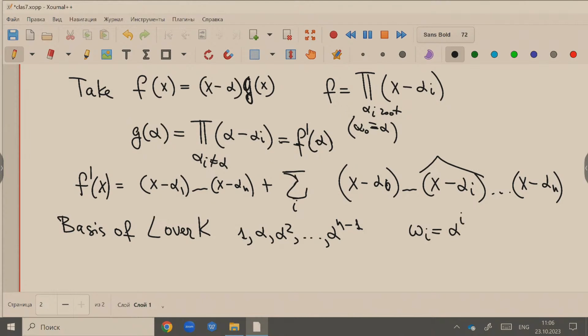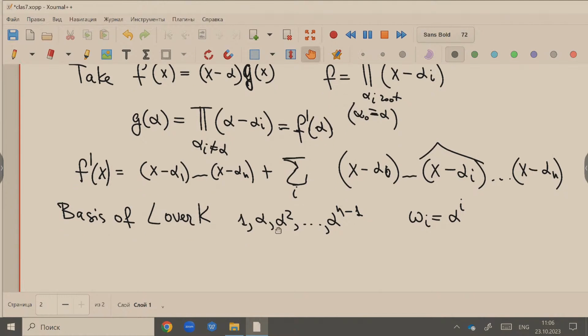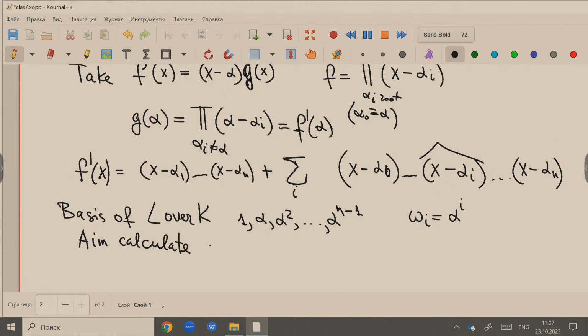So the aim is to calculate the dual basis for this omega i.